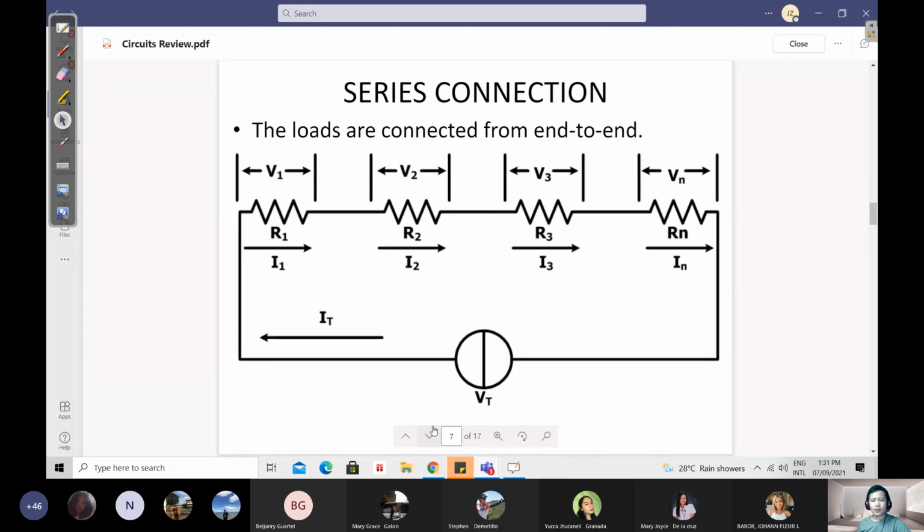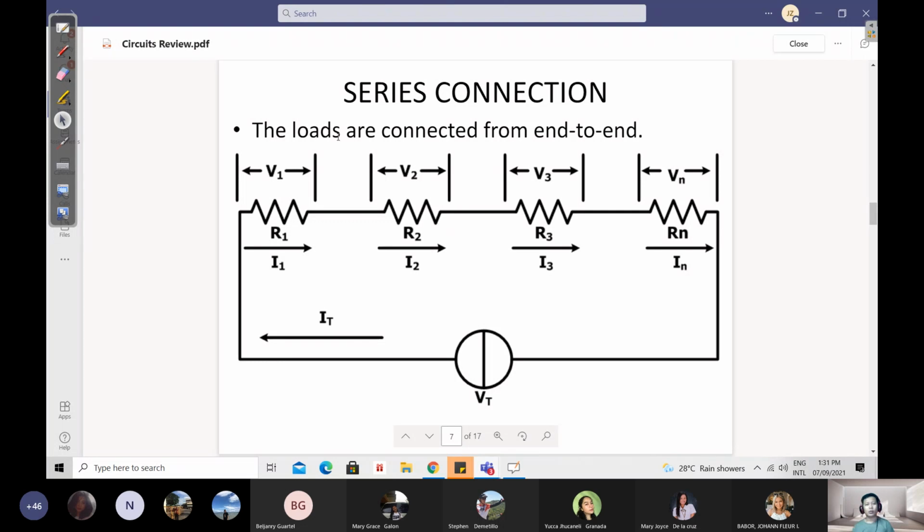Next, series connection. In a series connection, the loads are connected from end to end. Now, I'm using the word load because you don't only have resistors in your circuit. There are lots of other elements in your circuit. Resistor is just one.